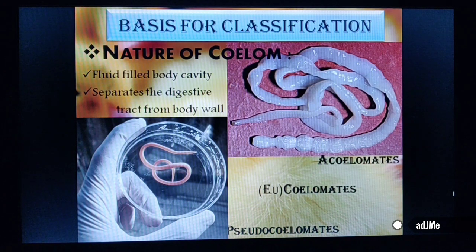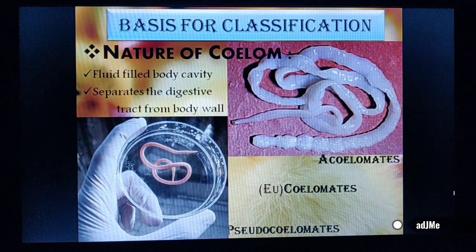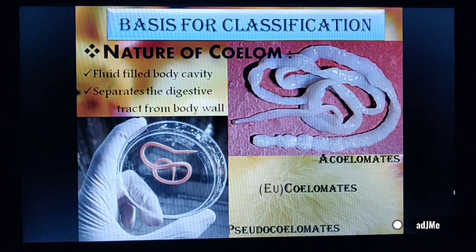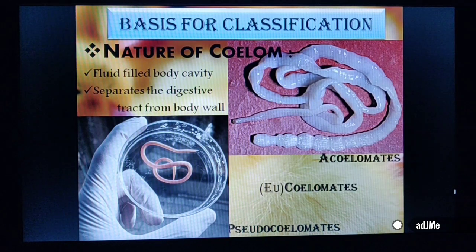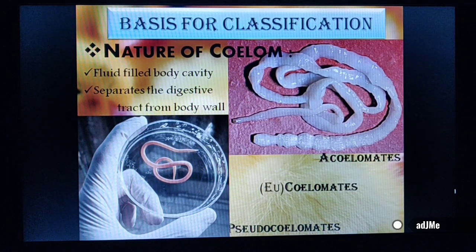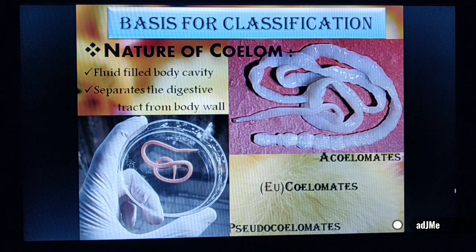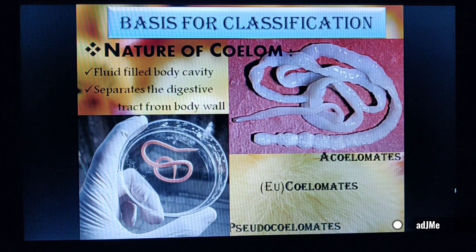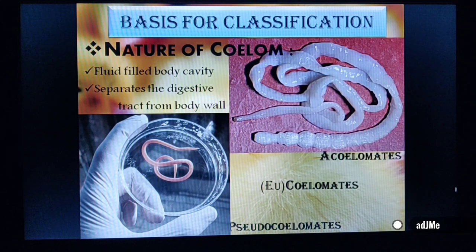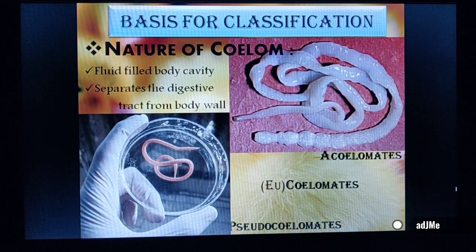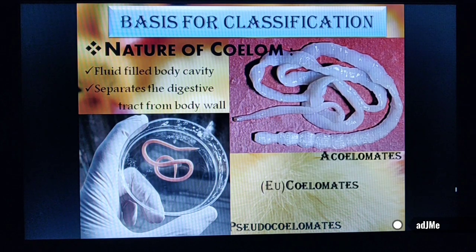The example for acoelomate is tapeworm. In Tamil it is called Nakupuchi. Tapeworm, the picture on the right hand side. And the example for pseudocoelomate is roundworm. The difference is that tapeworm is lengthier, with a segmented body of different segments, like the abdomen of insects, where you find divisions.